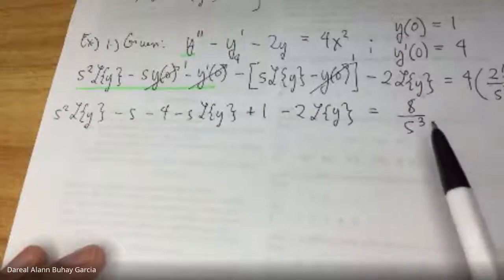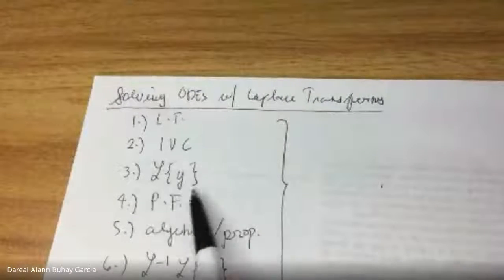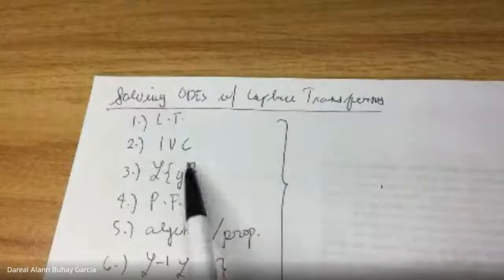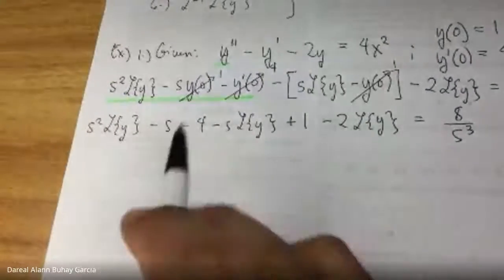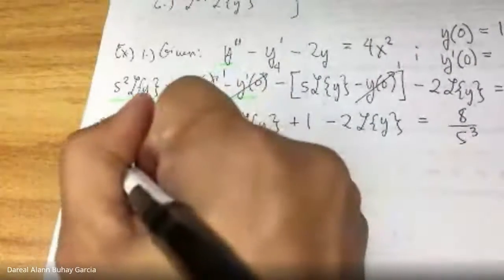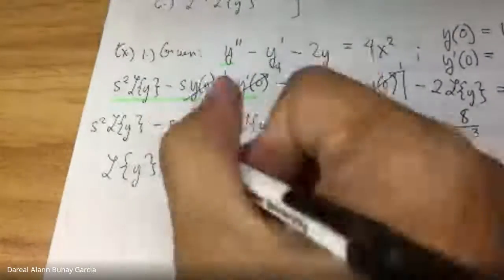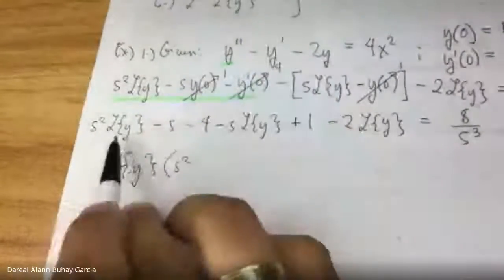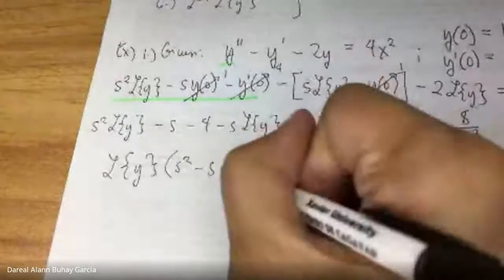Then, after applying initial value condition, solve for or isolate everything else to extract the Laplace of y. Sa mga coefficients sa Laplace of y: s squared minus s minus 2.